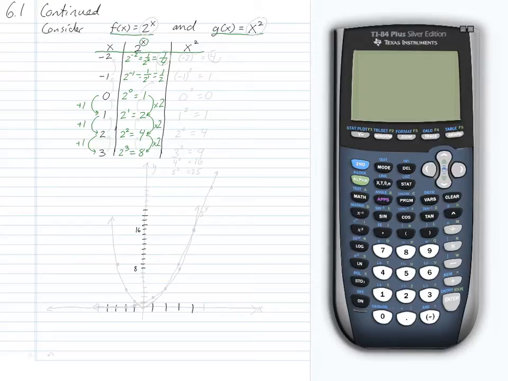Alright, that works in reverse as well. If we subtract 1 from x, if we go backwards, then our output gets half as big. Subtract 1, half as big. Subtract 1, continuing in the negative direction, and we get half as big.